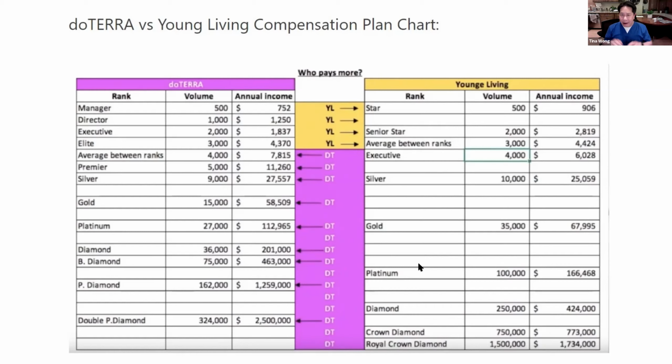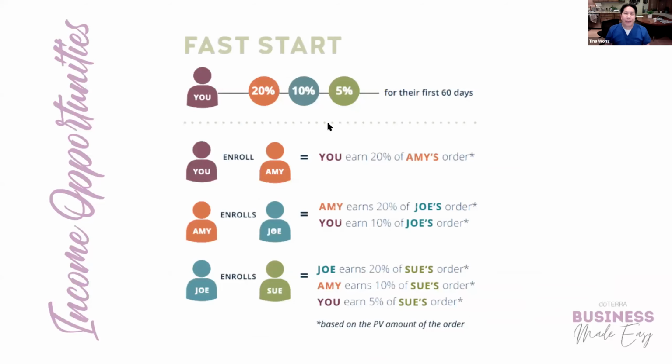My CPA ran the numbers, and they said doTERRA's compensation plan is designed to last, because it pays you to stay in the game, and it pays you more the longer you stay in the game. As your team grows, both companies are going to make more money, but you're going to make more money with less volume under doTERRA once you pass the $3,000 mark."